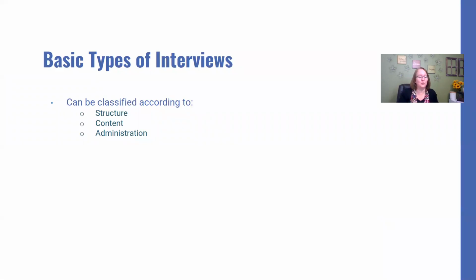So basic types of interviews could be a structured interview. It could be a content interview and an administration interview. So what does this mean? A structured interview means that you are asking every candidate the same questions in the same order, and you do not deviate from those questions, okay?